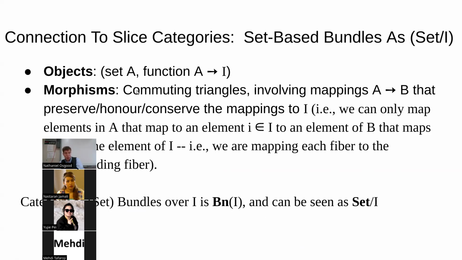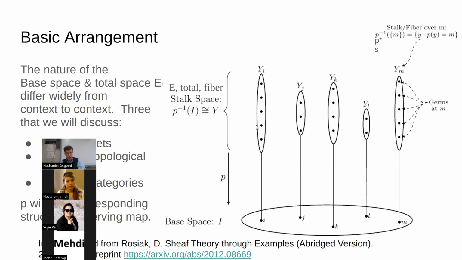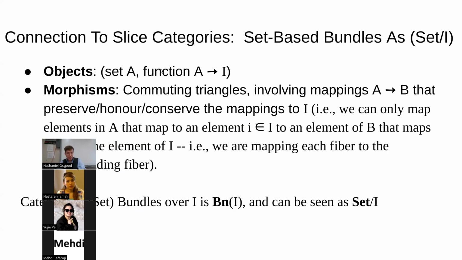Okay. So we have here morphisms, or commuting triangles, that honor the mappings to I. So we're mapping fibers to corresponding fibers as we have these categories. So these are bundles, and the objects are a set A and a function from A to I, and morphisms.